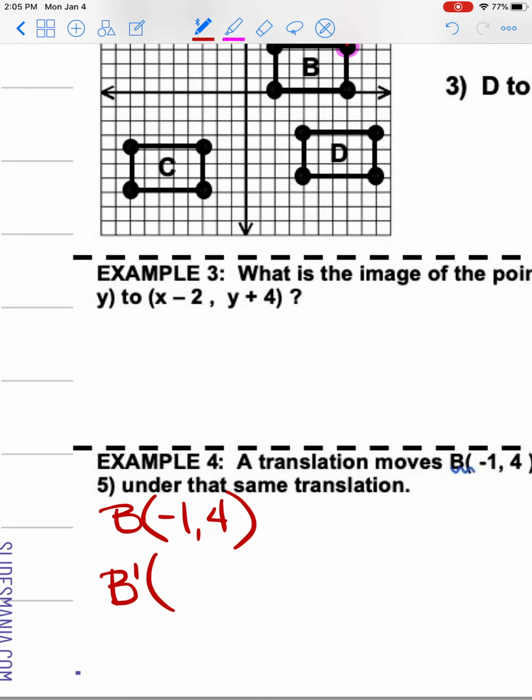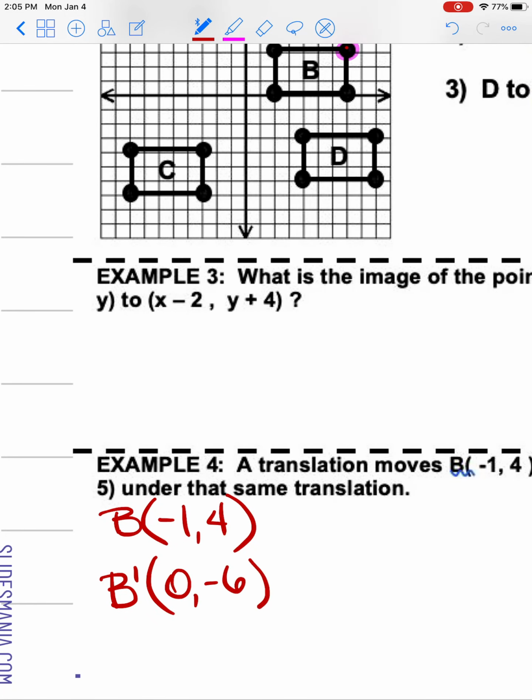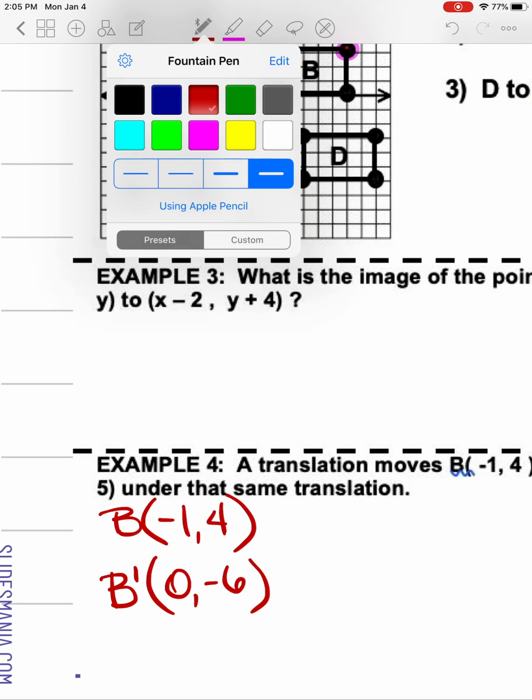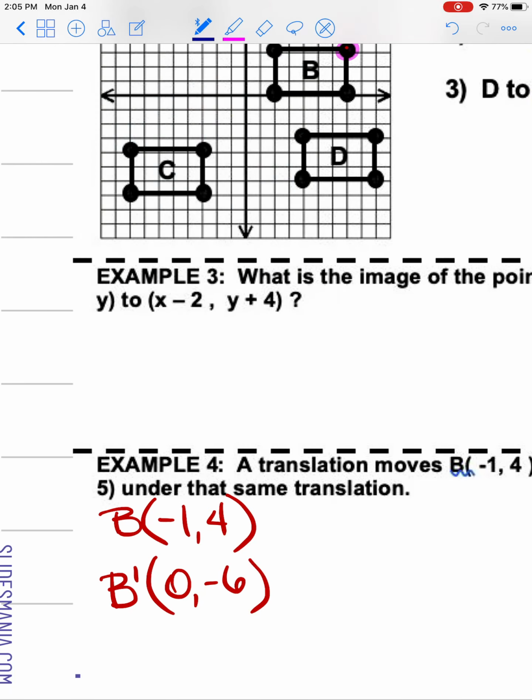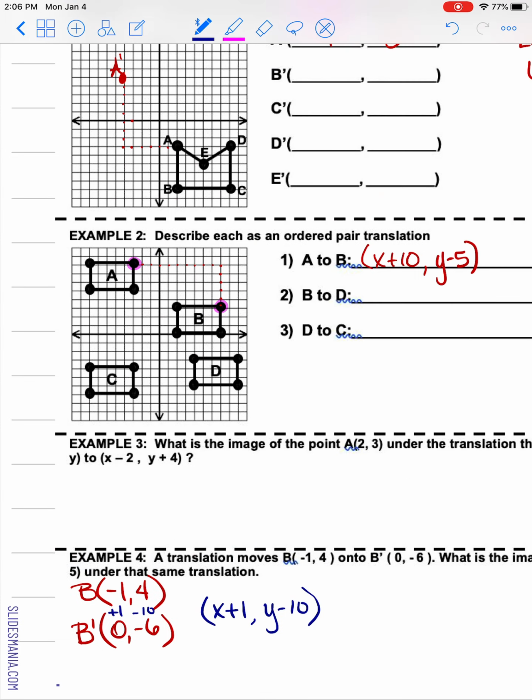B prime is at 0, negative 6. Okay, so let's think. If we're on a number line here, if we went from negative 1 to 0, we would know that that is plus 1. And if we went from a 4 to a negative 6, we would know that that's a minus 10. So our ordered pair translation is X plus 1, Y minus 10. So that's how it's being moved without having to have a graph. We don't need that. We can figure it out by using a number line.